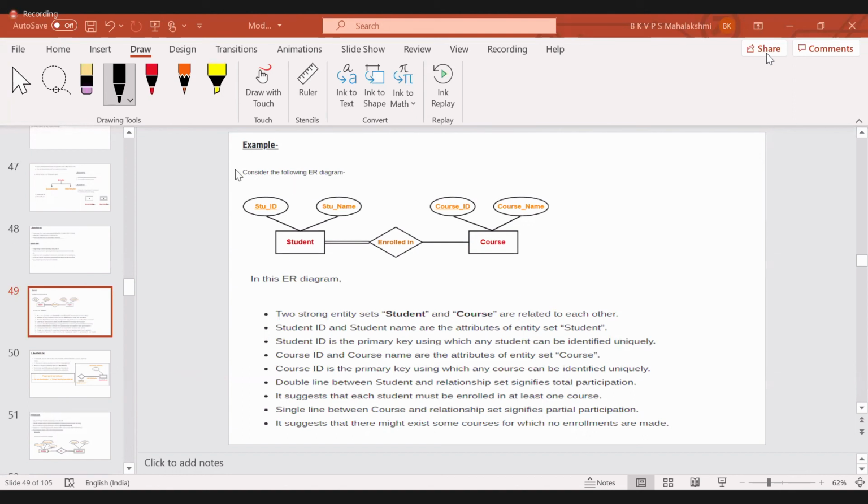So if there is a double line from the relationship to the entity, it means that all the entities are enrolling in the course. So a single line indicates what? Maybe the courses are not all enrolled in by a student. That is the meaning. You can even go with the theory mentioned here in the slide.